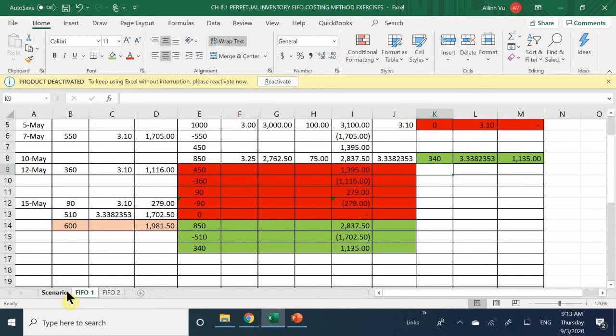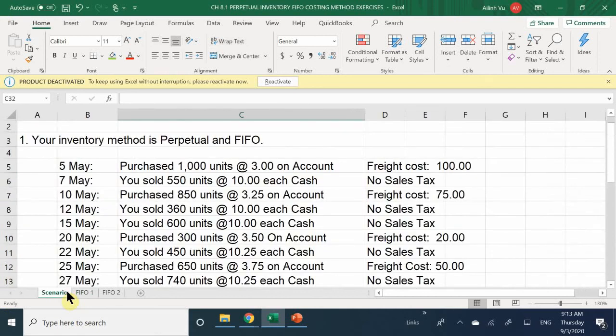Okay. So when we dive into, hopefully next week, actually in 2 weeks from now, so the following Monday, we should be able to look at what it looks like when we're dealing with both chapter 7 and chapter 8 together, right? When we're looking at this scenario, we're going to journalize it, and how you journalize it will affect how you record in your journal as well as your inventory worksheet, okay?